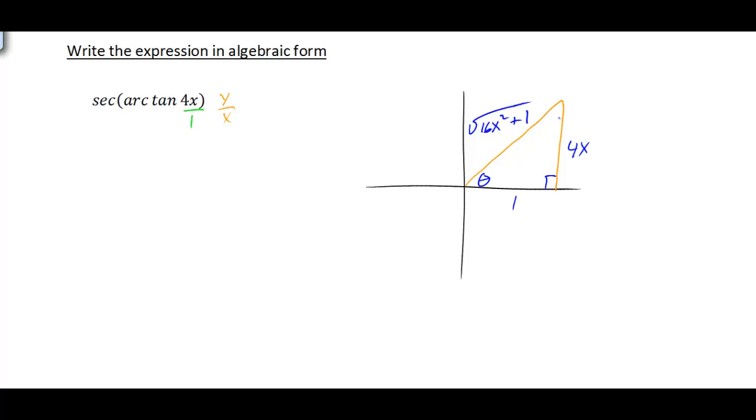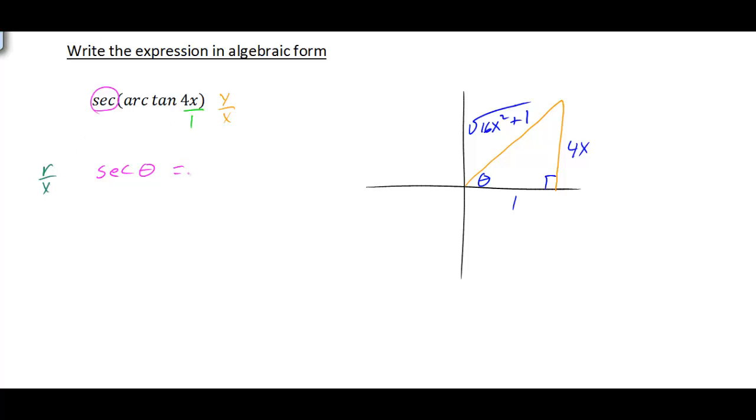Now we've labeled our triangle, so now all we have to do is find the secant. Okay, so we're looking for the secant, and the secant, once again, is going to be the reciprocal of our cosine, so we're looking for r over x.